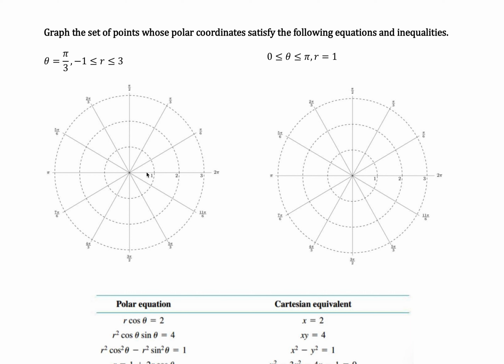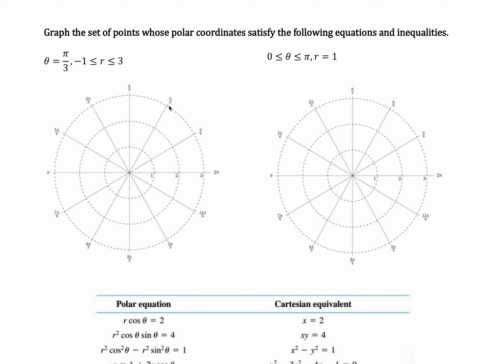So we'd have here 2 pi, which is also our starting point 0, then pi over 6, pi over 3, pi over 2, and it continues around. And then these little dashed circles represent our r values. So this is r equals 1, this first innermost circle, then r equals 2, then r equals 3 is the outer one.